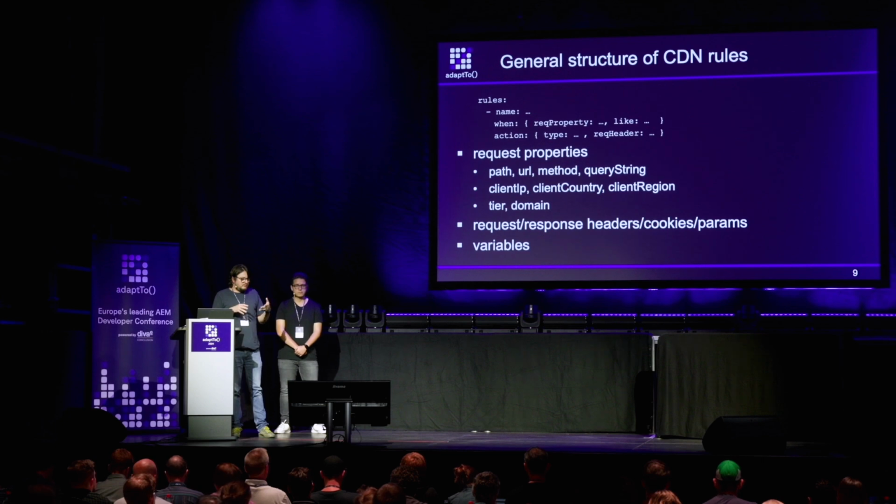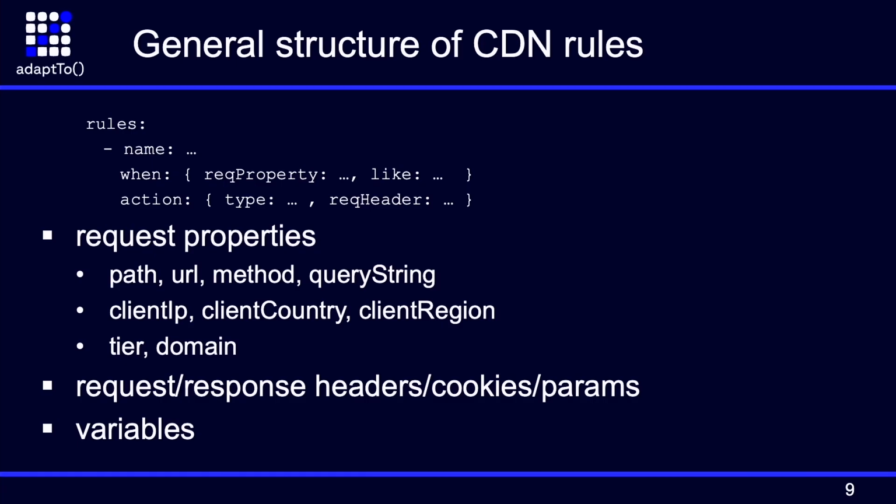But also concepts for the AEM environment, like tier, which is author, publish, preview, or the domain of the actual request. You should always try to guard your rules with one of these so that the rules don't apply to the entire environment. So if you block a path, you don't block it also on author, you just block it on publish.